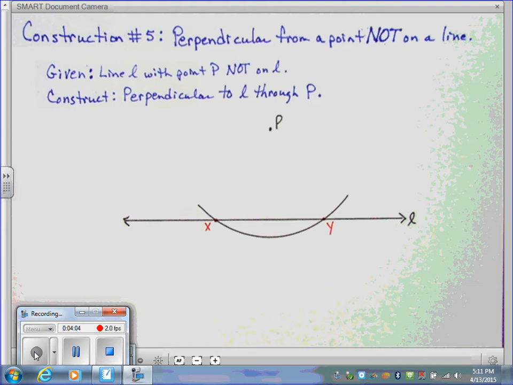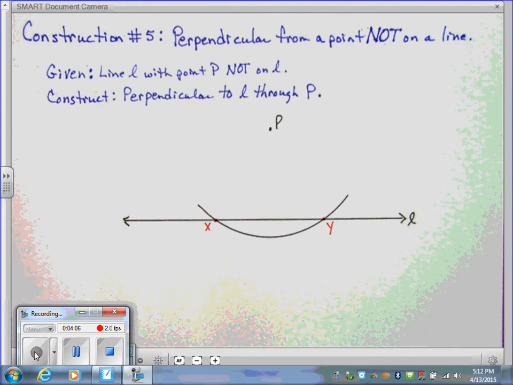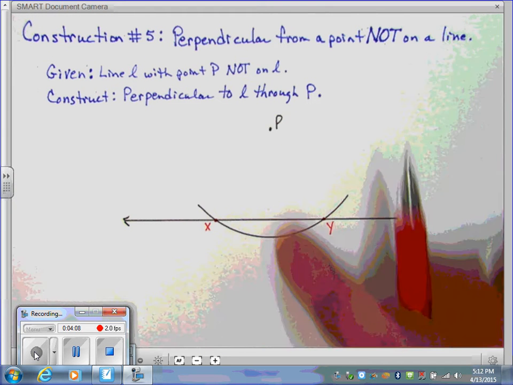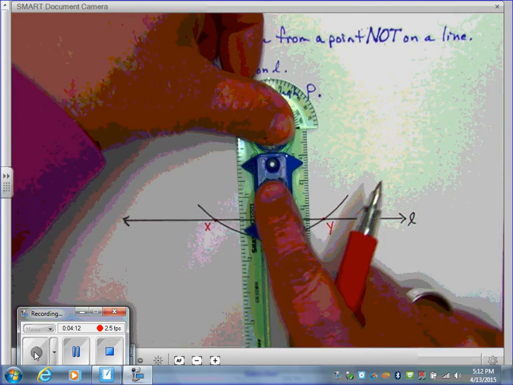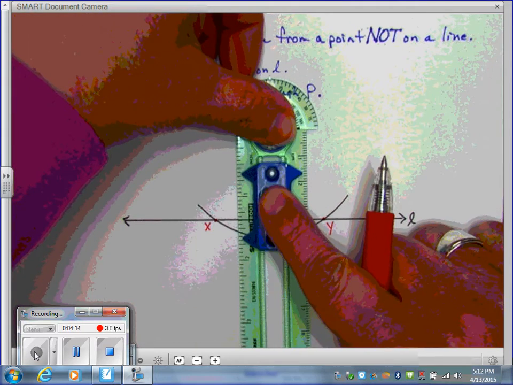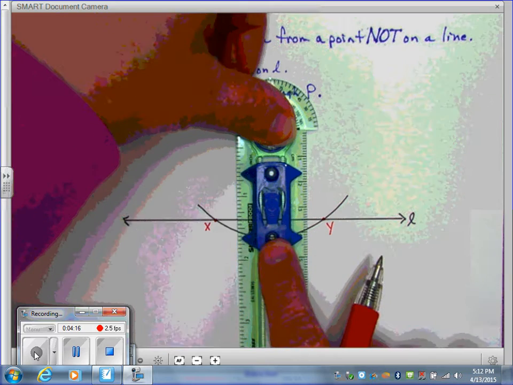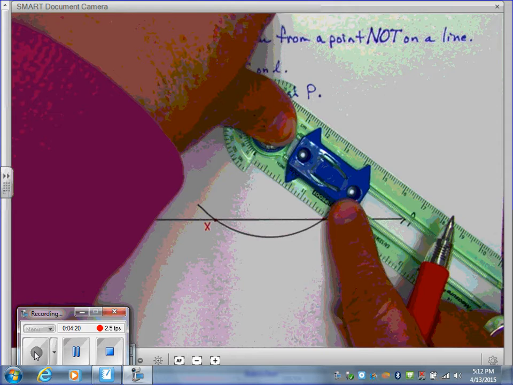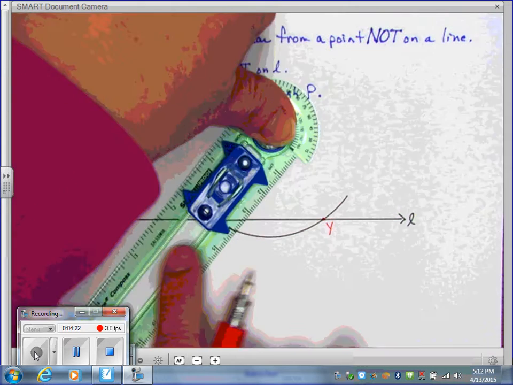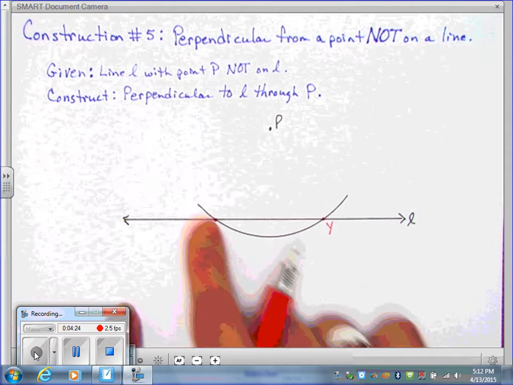Let's review. We have point P off the line. We put the compass at P, and I need a distance below the line. On your compass, just a distance below the line, and you're going to swing the arc from left to right like a pendulum. And we make a smile arc.